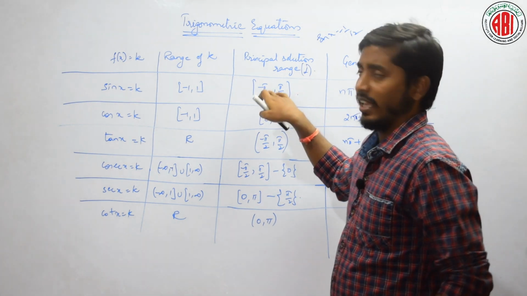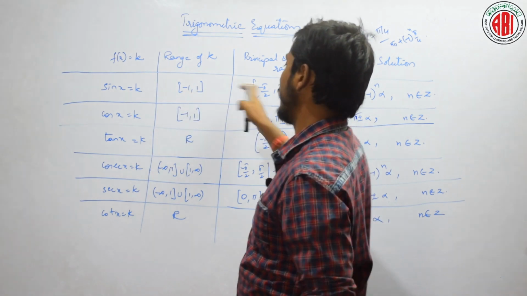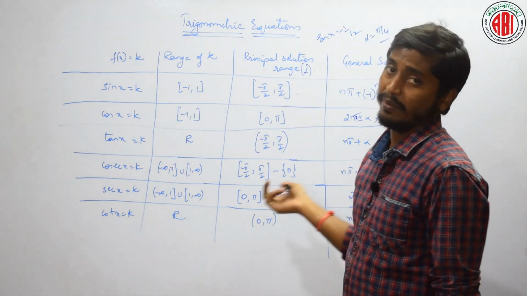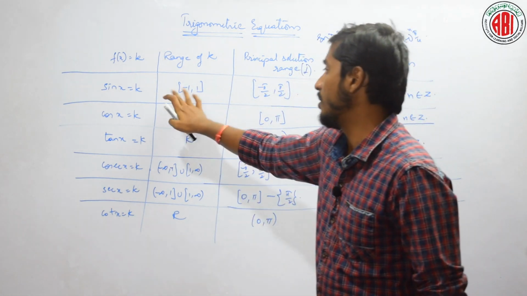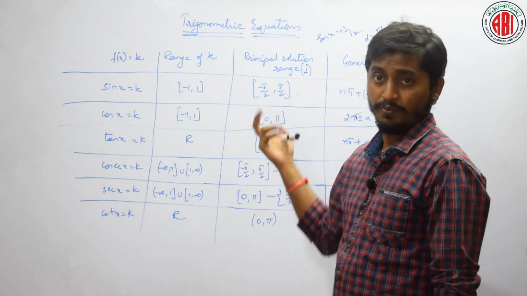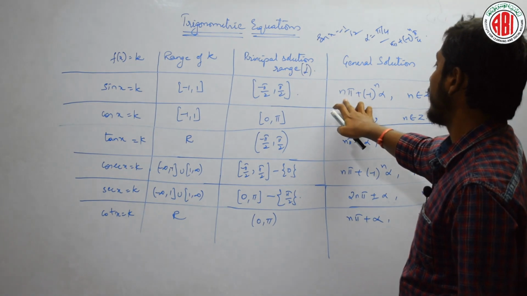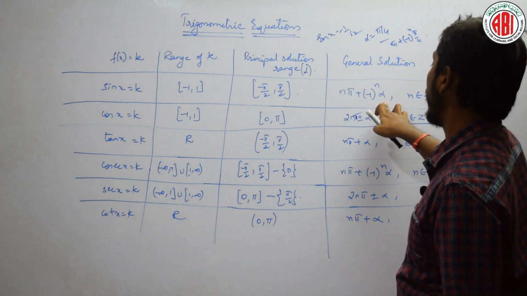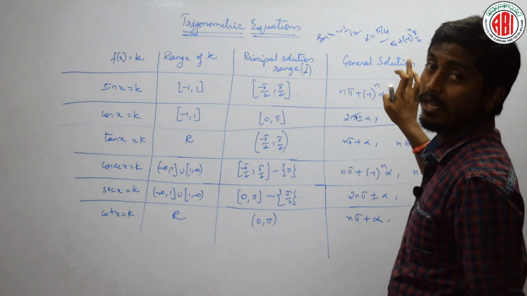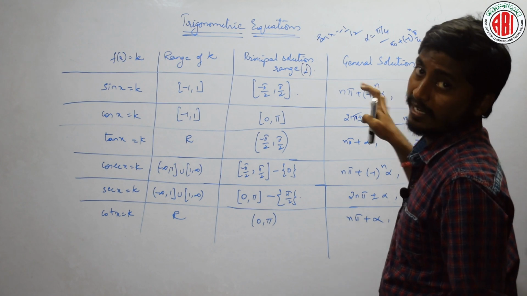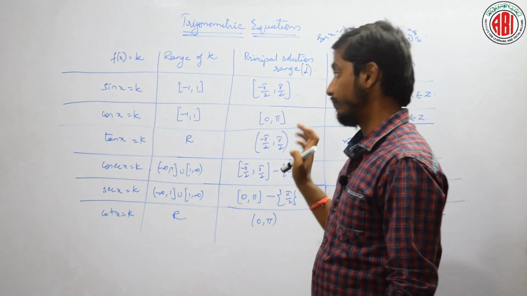If it is minus 1, it can be minus pi by 2, if it is 1, it can be pi by 2, or some value in between. If it is 0, it can be 0. Then the general solution can always be written as n pi plus minus 1 whole power n alpha, where n belongs to whole numbers. It can be 0, 1 or 2 or whatever.